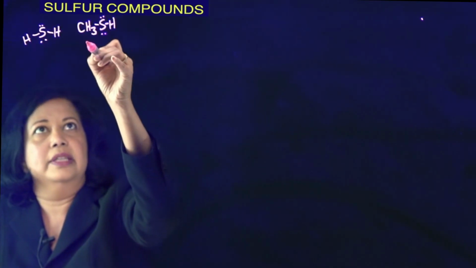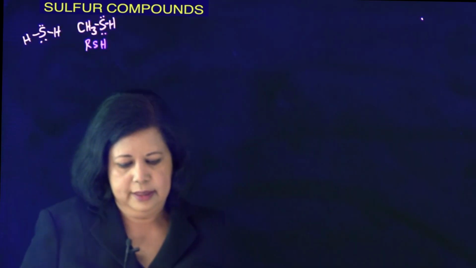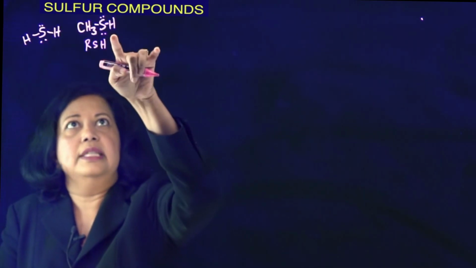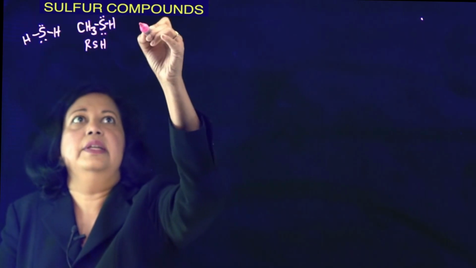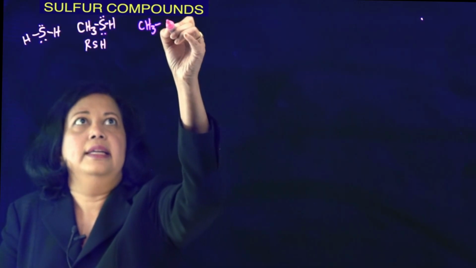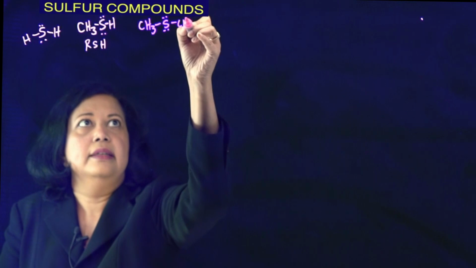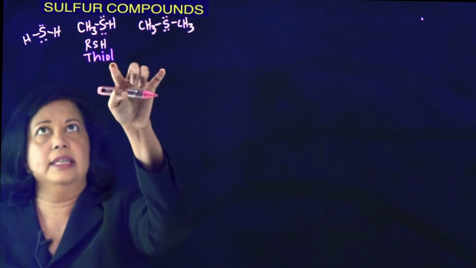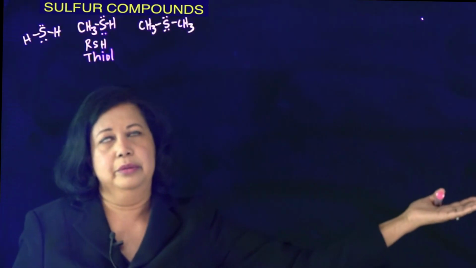You can have some RSH. You call them thiols, just like an alcohol equivalent. Then you can make an ether equivalent, a sulfide or disulfide. That's a thiol, just like alcohol. Sulfur is like thio.